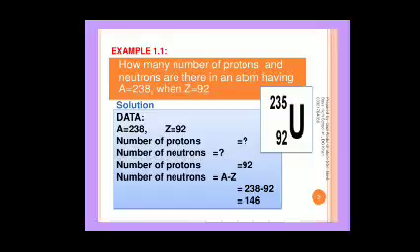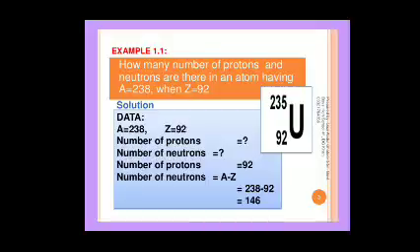Given data: the mass number of uranium A is equal to 238, and the atomic number of uranium Z is equal to 92. In this uranium atom, how many protons, how many electrons, and how many neutrons are there?